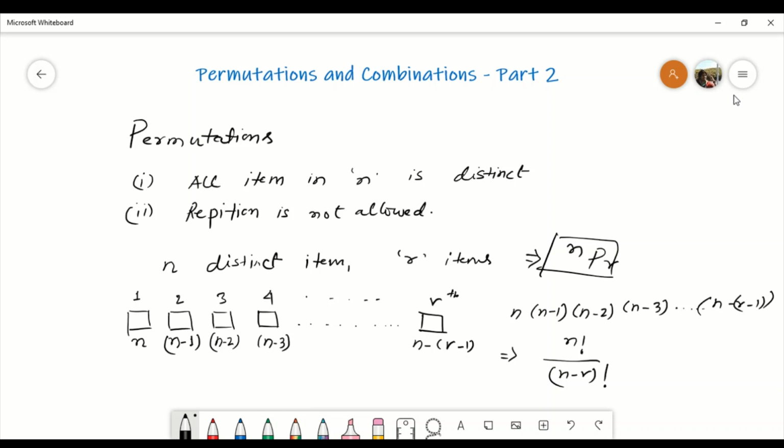Because if we multiply enough numbers to make it n factorial, we have to divide that by n minus r factorial to get this particular number. So nPr is n factorial upon n minus r factorial.